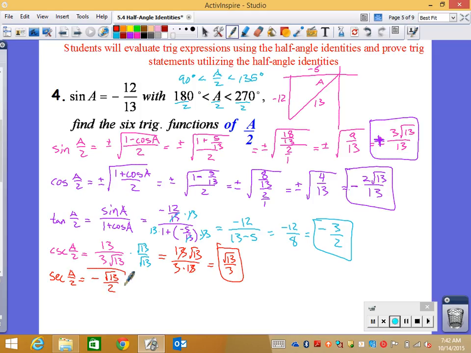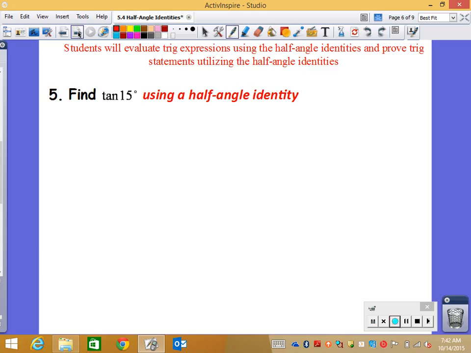That way I don't have to do any rationalizing, it's a little quicker. And lastly, cotangent of A over 2. To find that, I just need to flip tangent. So we get negative 2 over 3. And that's all 6 trig functions. You just had to find the first 3, and then just flip them to get the second 3. So let's find tangent of 15 degrees using a half angle identity.